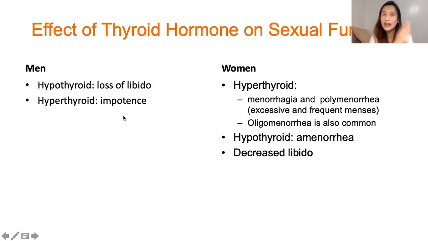So when you have hypothyroidism, you will have very high TRH, and your TRH, your thyrotropin releasing hormone, affects not just TSH but also prolactin. So some patients with hypothyroidism can also have hyperprolactinemia.